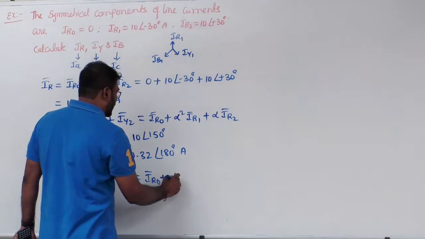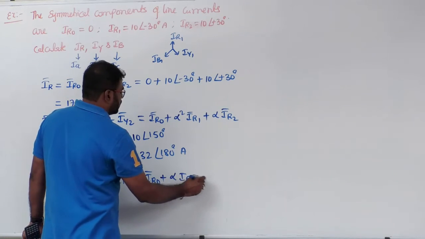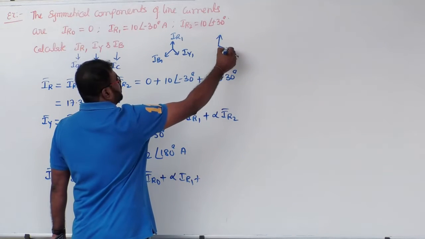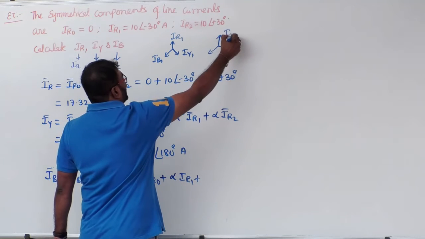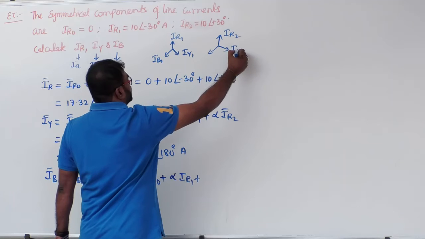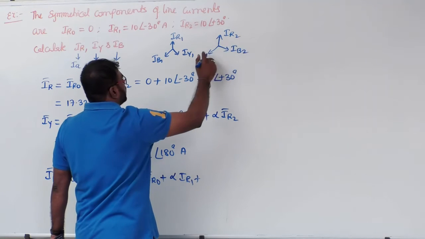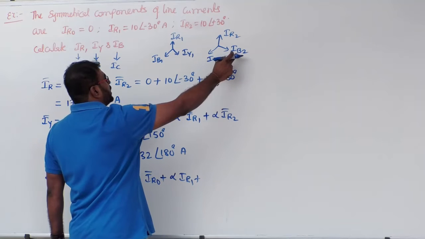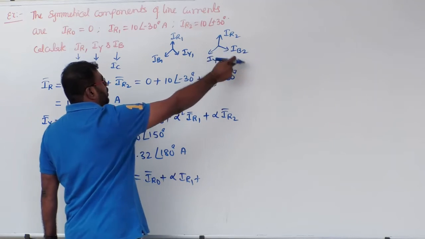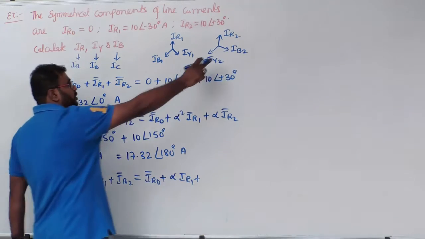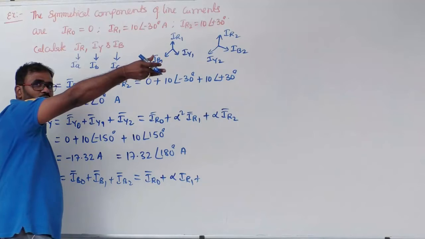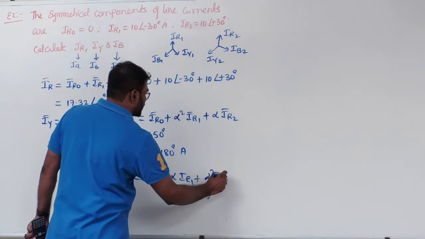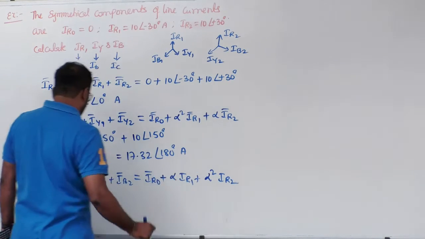That means alpha times IR1. Similarly, IB2: nothing wrong to write it like this so that you will not commit a mistake. In the RBY sequence, negative sequence, IB2 lags IR2 by 120 degrees. That means IB2 is IR2 at an angle minus 120, so alpha square times IR2.